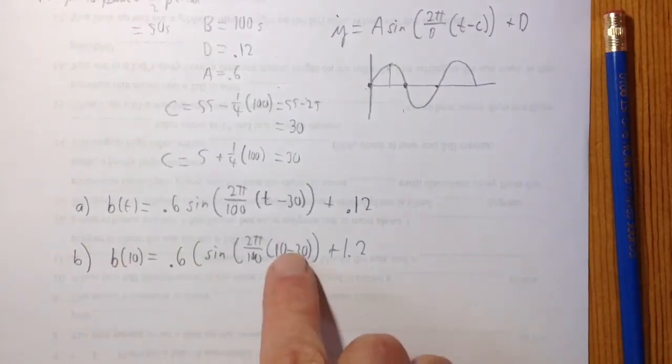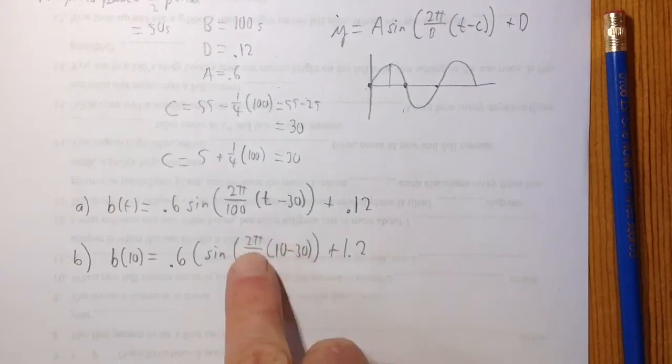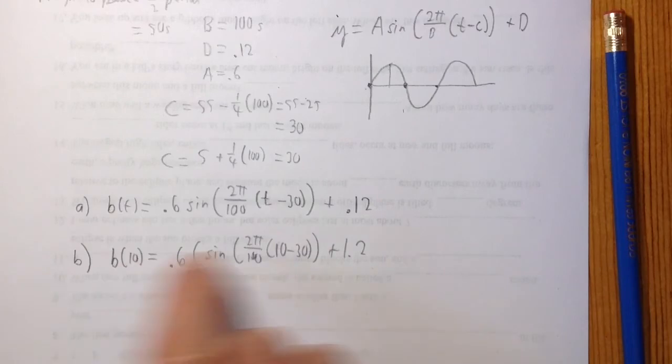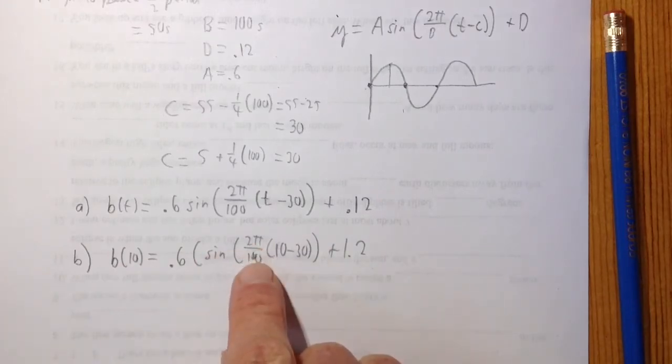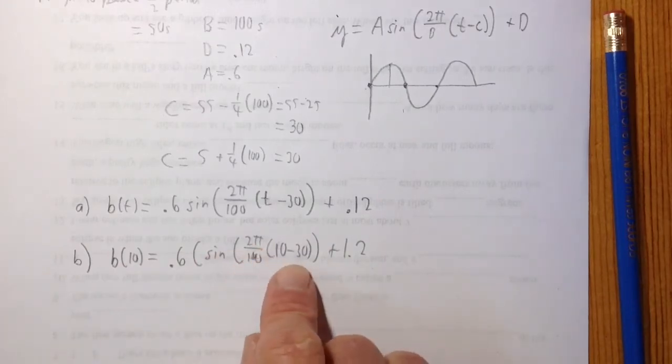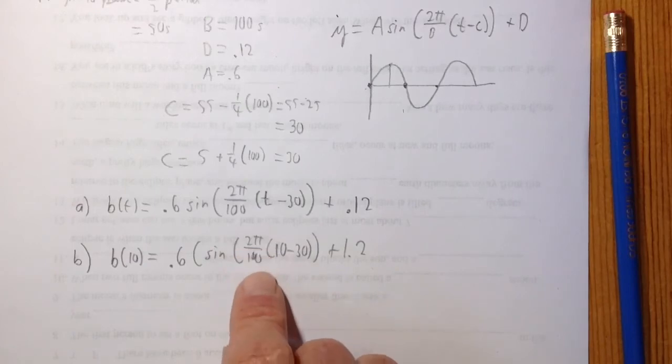So that's negative 20 times 2 pi, so that's negative 40 times pi over 100, which is negative 0.4 times pi. So that's the sine of negative 0.4 times pi. Okay, I think I did that right. I take the sine of that, make sure your calculator's in radians, times 0.6, and then add that to 1.2.